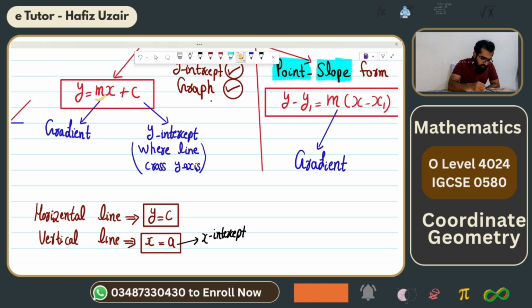So if I put 0 over here, this mx term will cancel out, so y will equal c. And what is c? c is the y-intercept. So you simply write y equals c, where c is the point where the line crosses the y-axis.